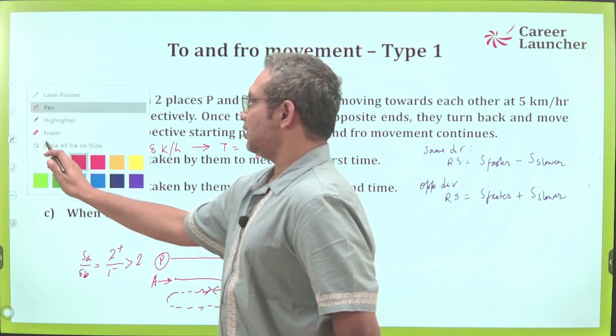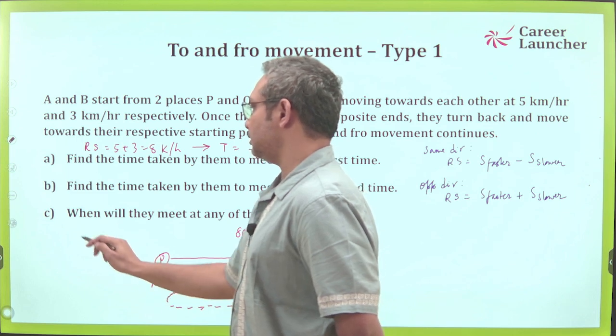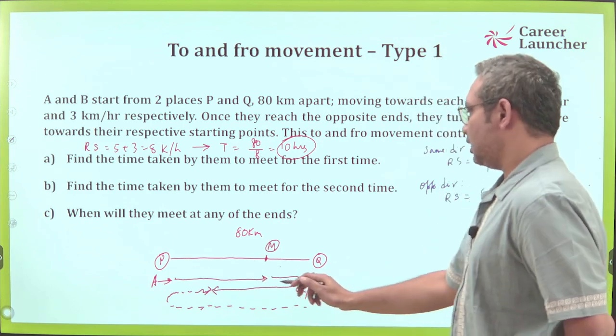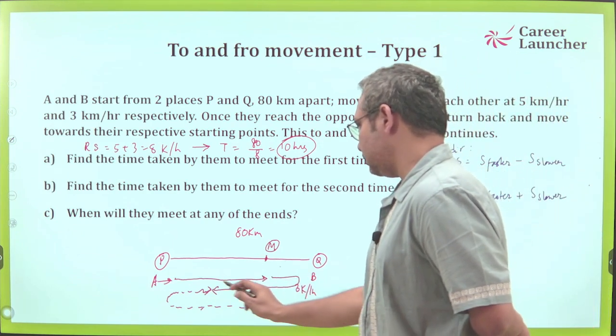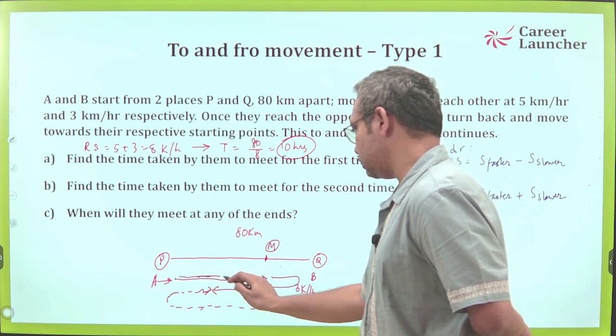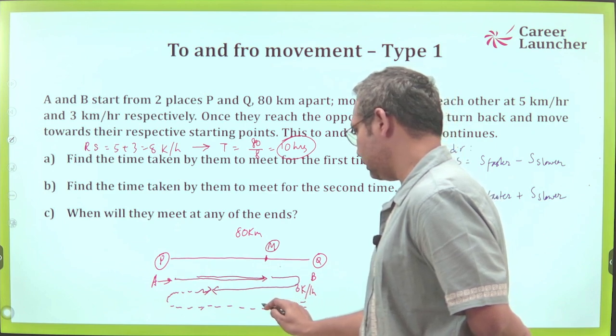Now once we have understood that this is the correct scenario, how do we find out the time taken? For that, here is a simple diagram. For the first meeting, A had covered this much while B had covered till here.